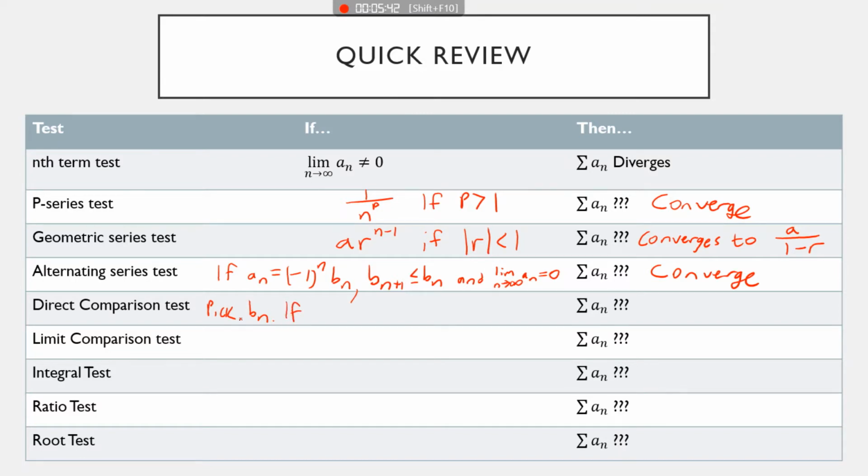If we'll say p-series, if b to the n converges and 0 is less than a to the n is less than b to the n, then what should be true?